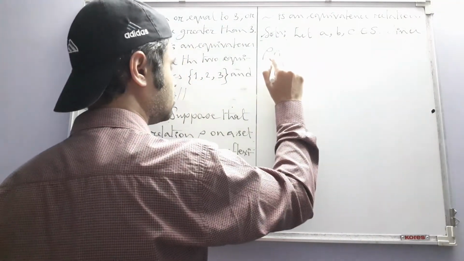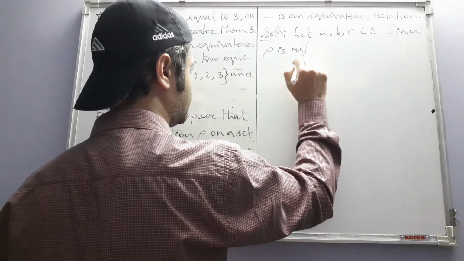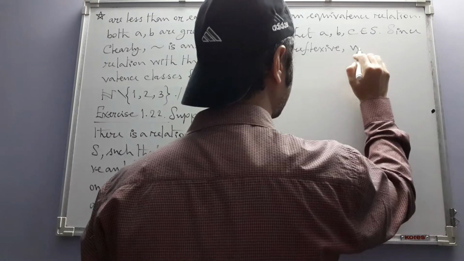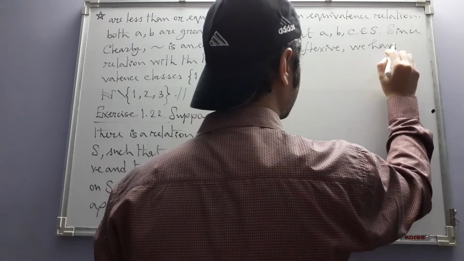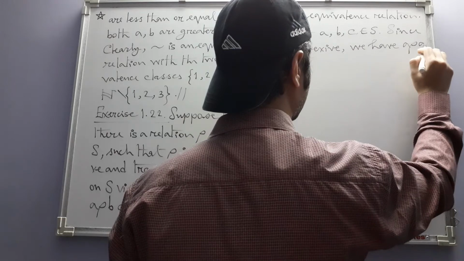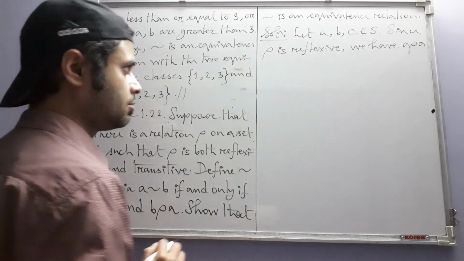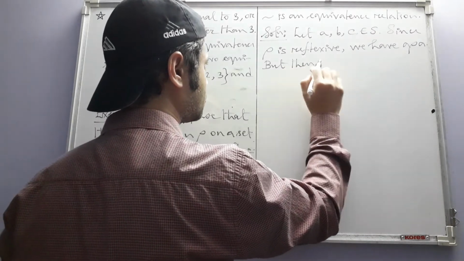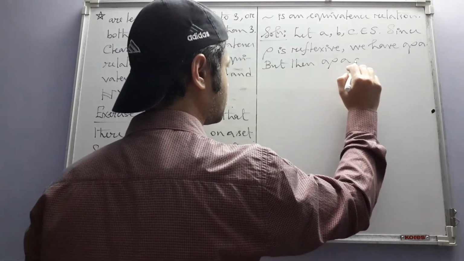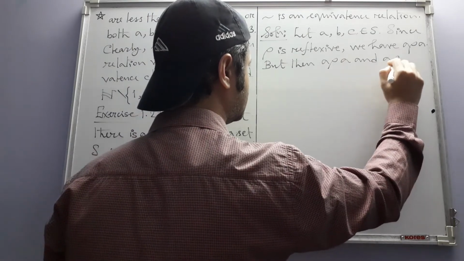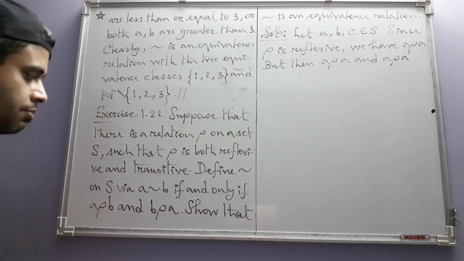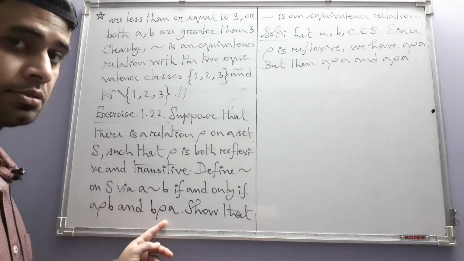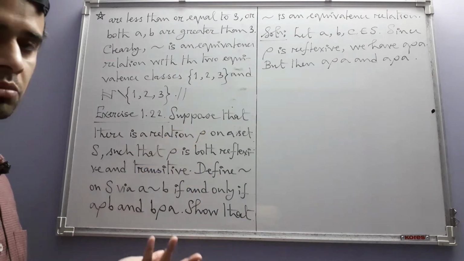Since rho is reflexive, that is given, we have A related to A by rho, and A is related to A. The way we have defined tilt demands that we have these two things, which in this case become the same thing.